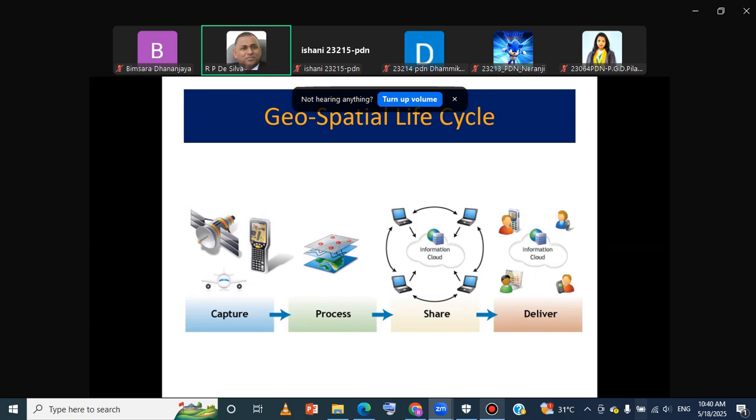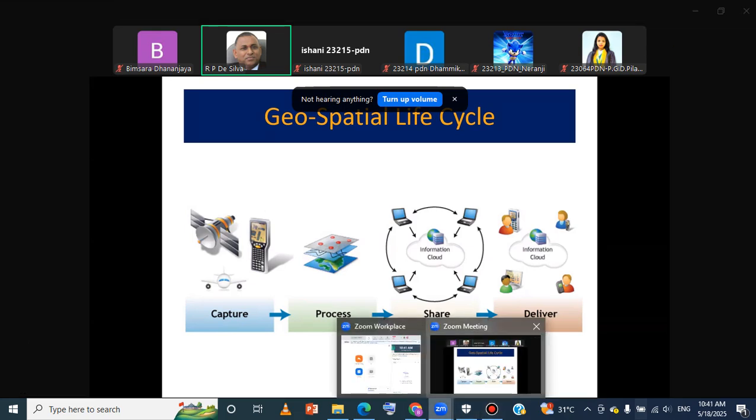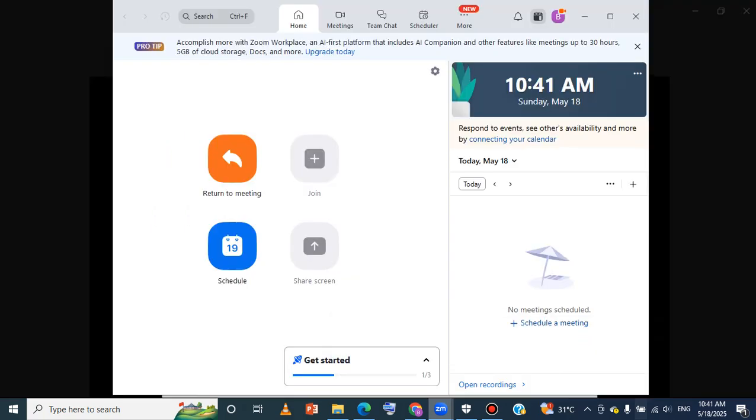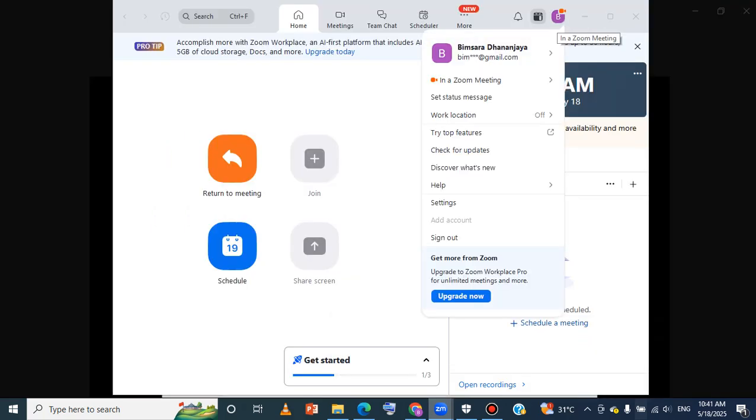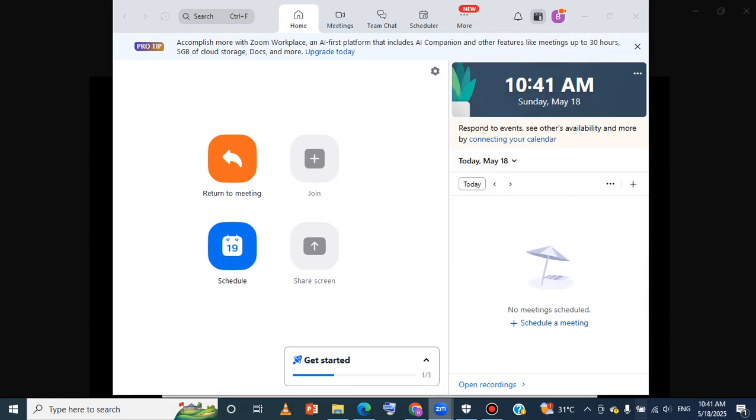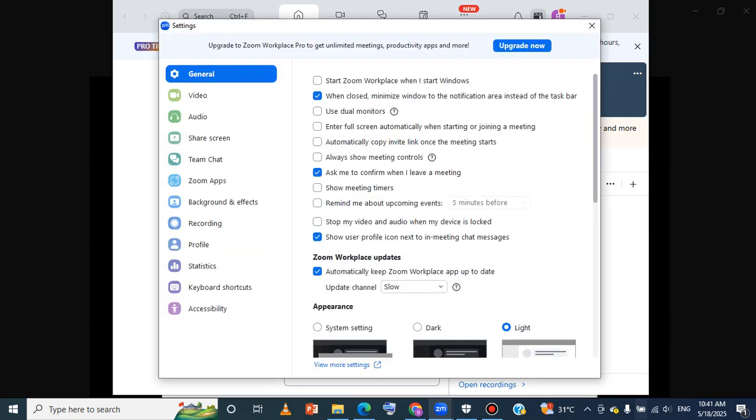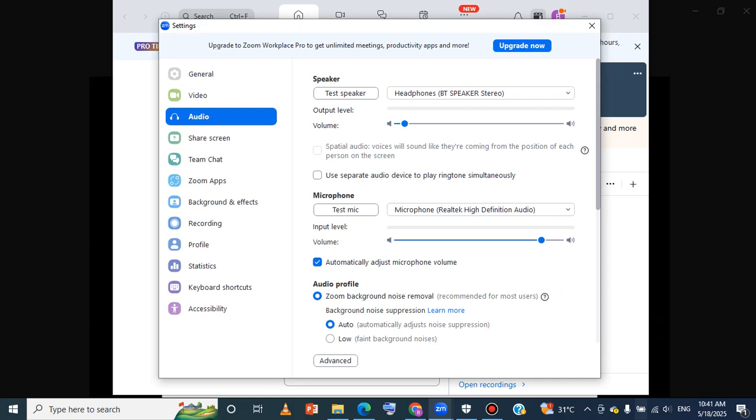You have raw data made available, but people do not add value to this data due to various issues, restrictions, and limitations in the NSDI. So the raw data or unprocessed data will remain as unprocessed data, and general users find it extremely difficult to process this data and get to the output.